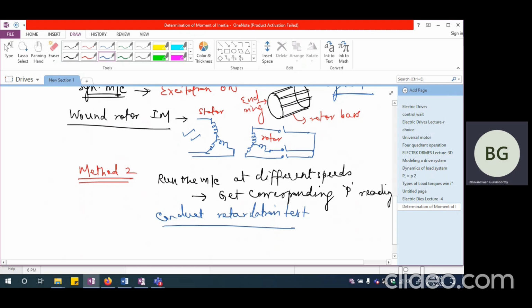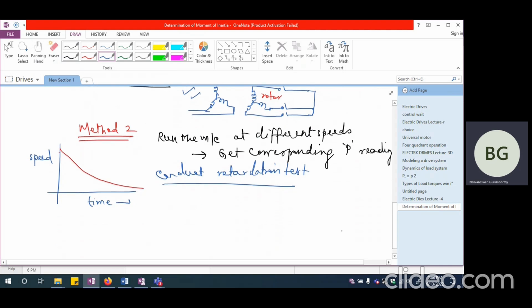Now, after conducting the retardation test, you are going to plot speed versus time. Let us say it is somewhat like this. It's going to start from a particular value and then come down like this. So this is speed versus time. And you have already got, at different speeds, the power reading or the loss.